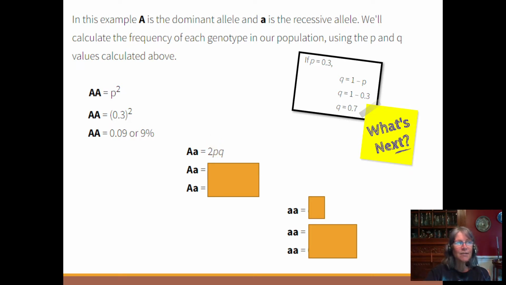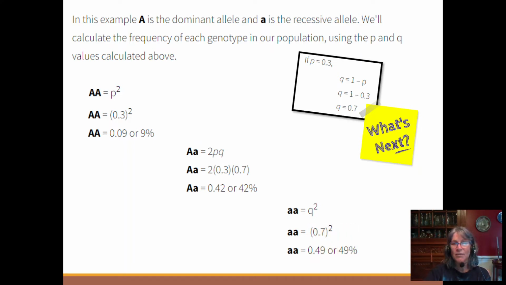The heterozygote is represented by 2PQ, can be calculated by this. My heterozygote, if I plug in my allele frequencies, is 0.42 or 42% of my population. And then my final homozygote recessive, Q squared, is 0.7 squared or 0.49, 49% of the population.